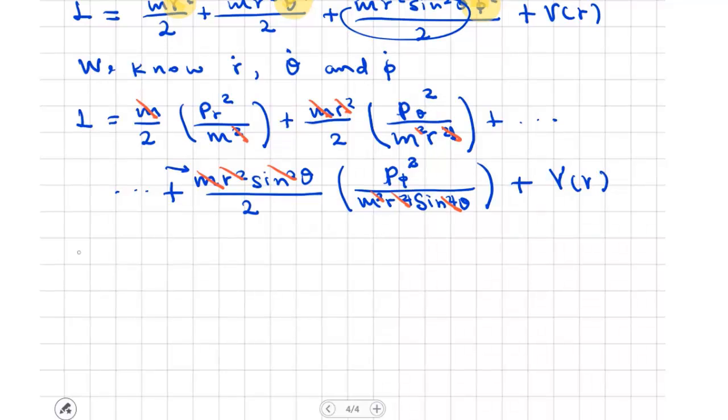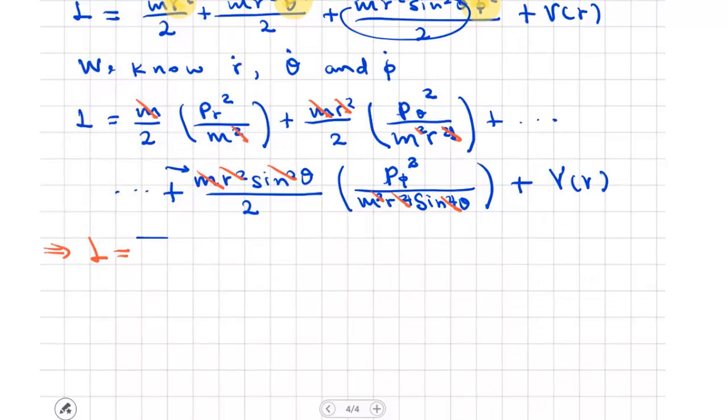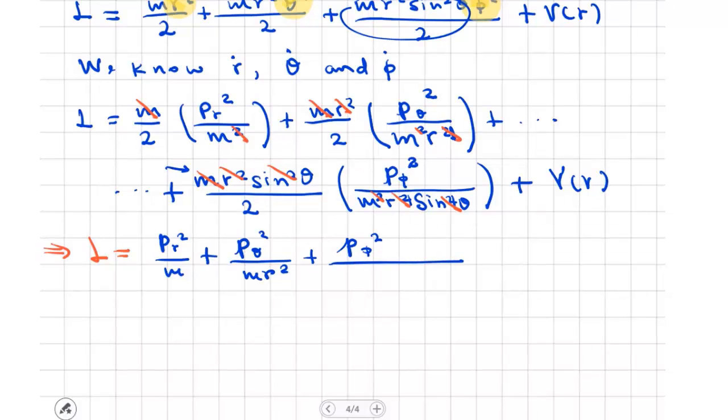Alright, so we get L is equal to p_r squared divided by the mass plus p_theta squared divided by m r squared plus p_phi squared divided by m r squared sine squared of theta plus the potential.